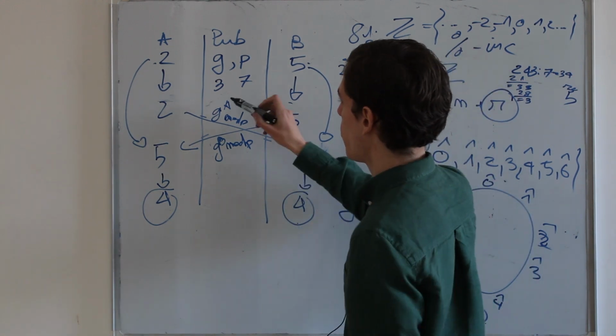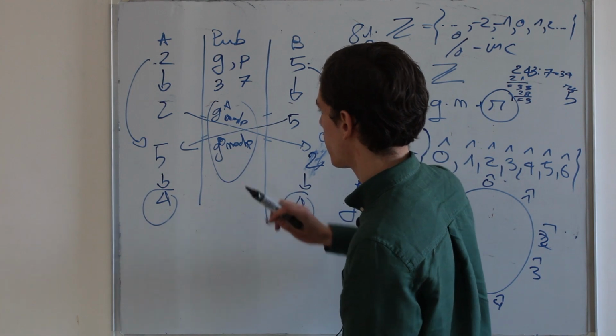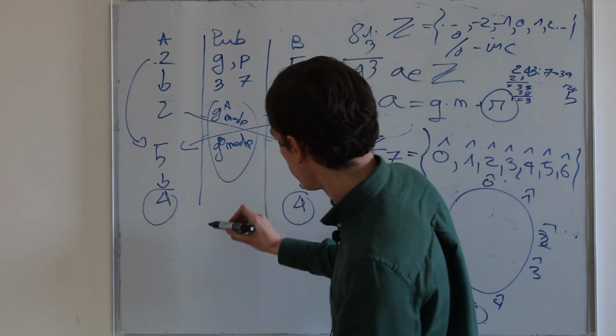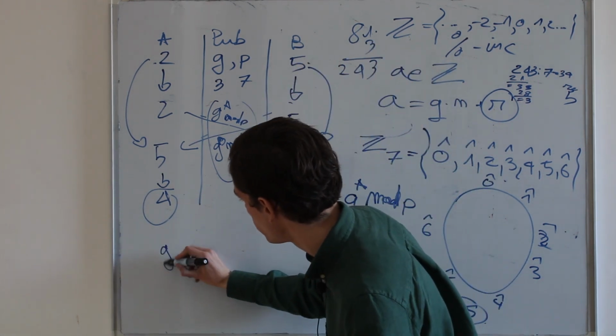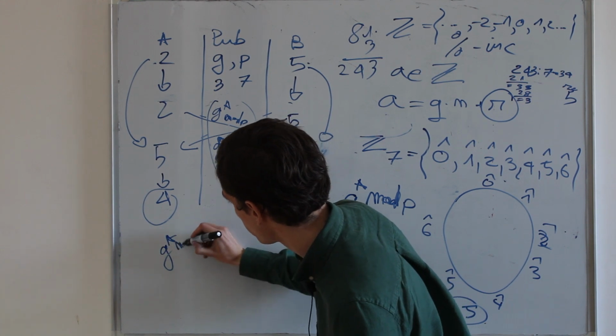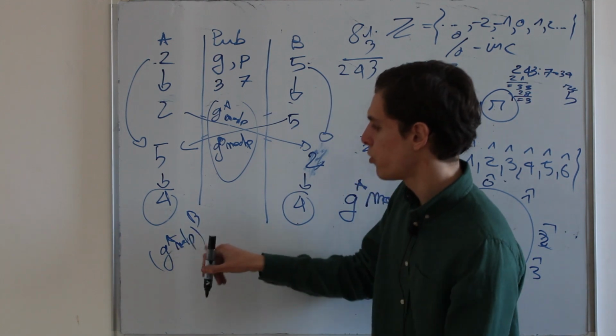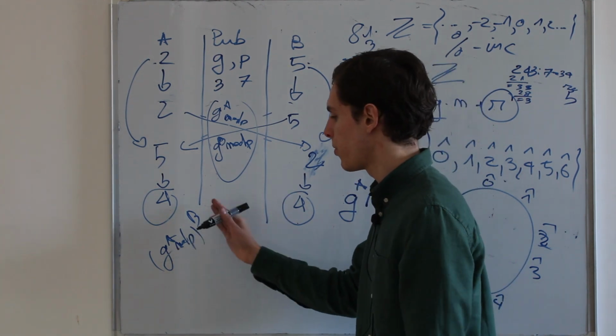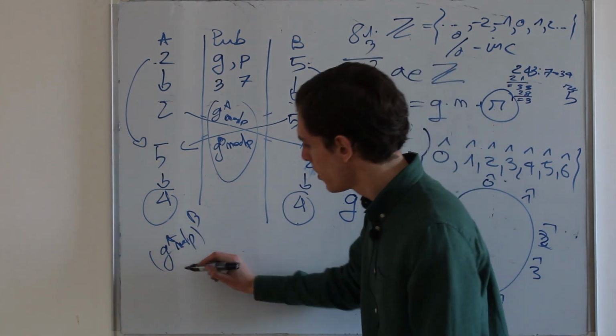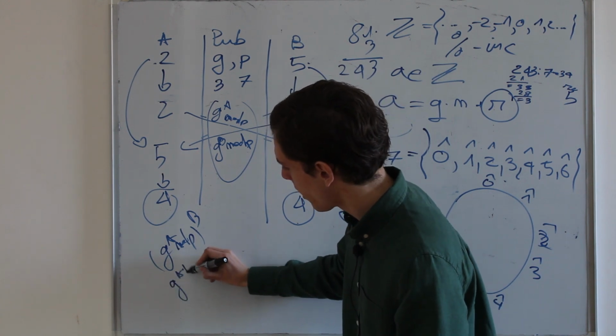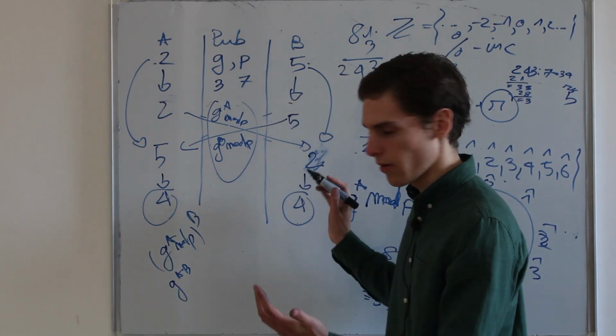You might be thinking, well, can't we do anything with this? Actually, no, because here you basically did g to the a mod p to the b, which, modulus makes the operations of exponentiation the same, so it's g to the a times b. Here it's the same thing.